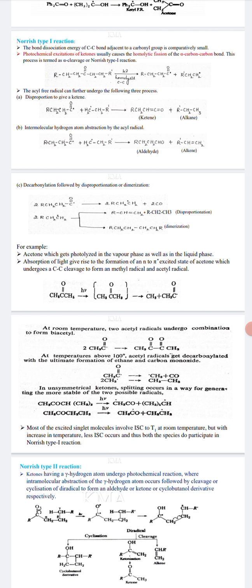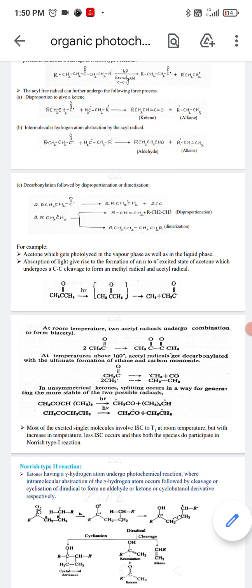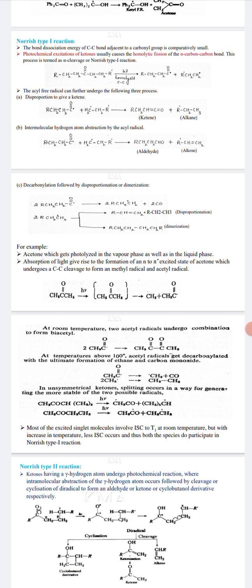Now we shall see the reactions one by one. First, disproportionation to give ketene. You can see here the products which are formed in the reaction, that is homolysis of carbon-carbonyl bond, giving a CH2 carbonyl group plus R'CH2.